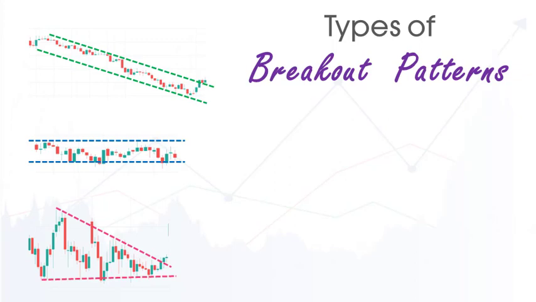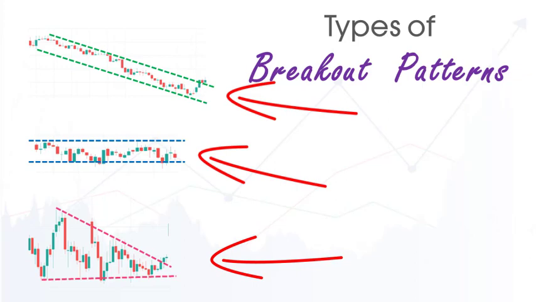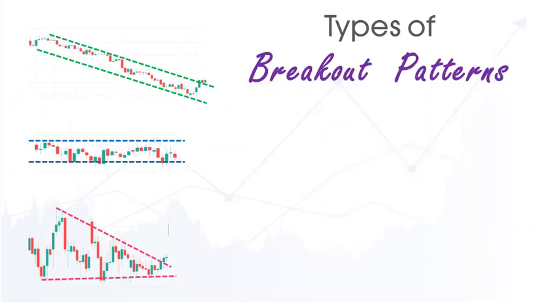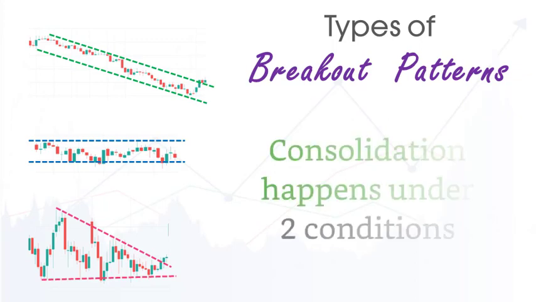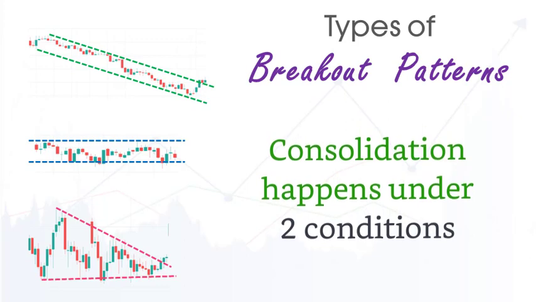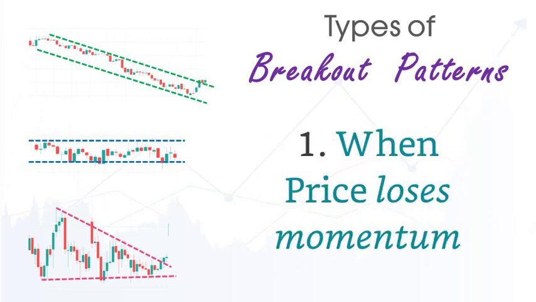If you notice here, in all these consolidations, the stock price is restricted to a narrow range. And these narrow ranges don't always mean the same thing. Because if you think about it, consolidation can happen in two different circumstances. One is when the price is losing its momentum due to decreased trading activity.